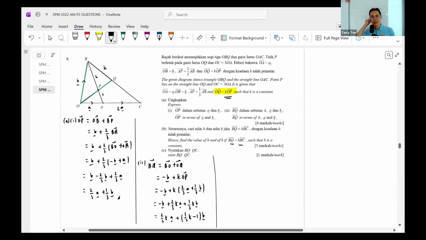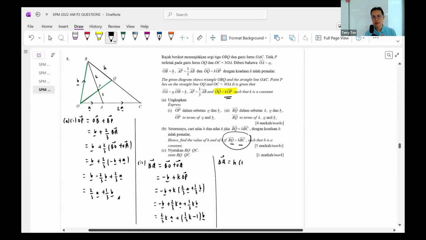Now, hence find the value of H and K if BQ is HBC. BQ equals HBC is already given. So we have to use these two results, because we have BQ in terms of K, and this one is BQ in terms of H. So let's start. BQ equals HBC. You know BC, right? BC is very easy.